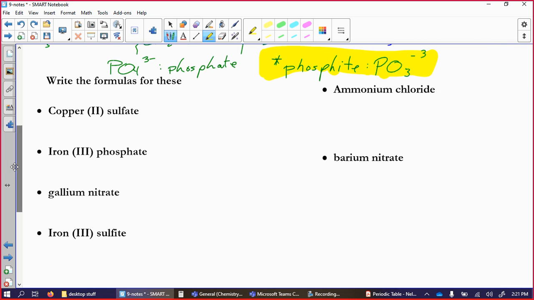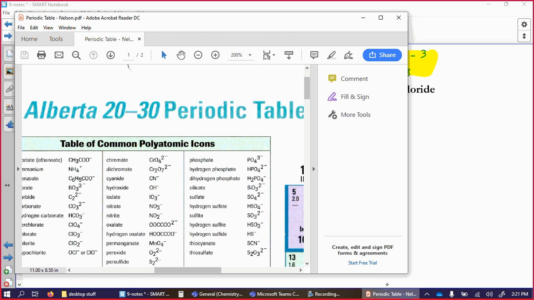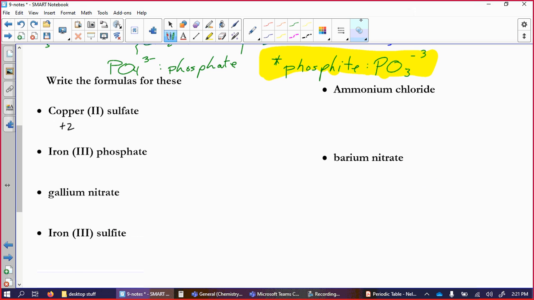So writing formulas, the same thing that we did with the regular ionics. We need to know the charge. Well, this has a transition metal, so I know copper is +2. Sulfate, pull up my trusty periodic table, it says sulfate is SO4 -2.